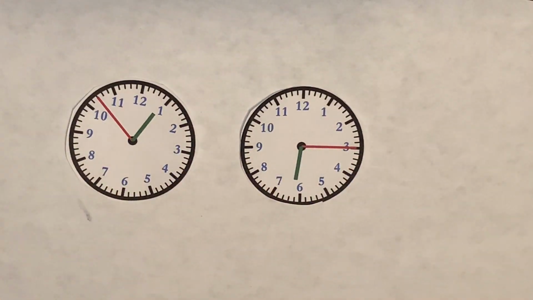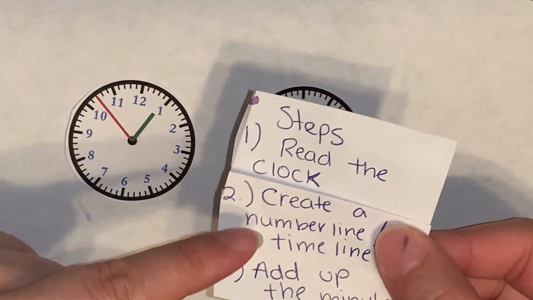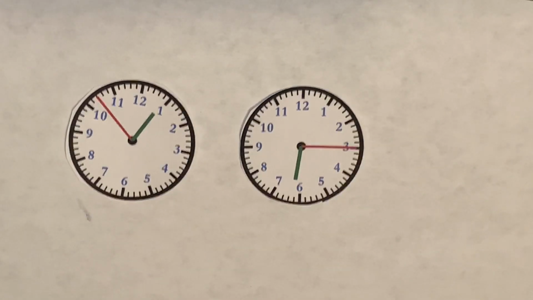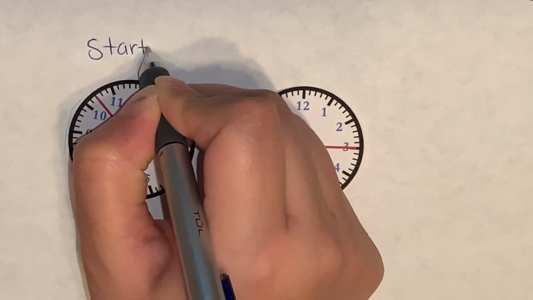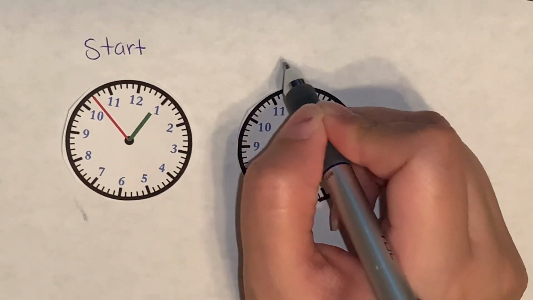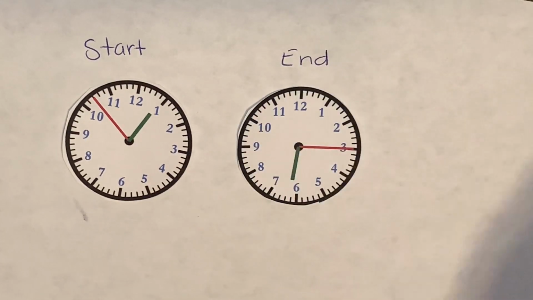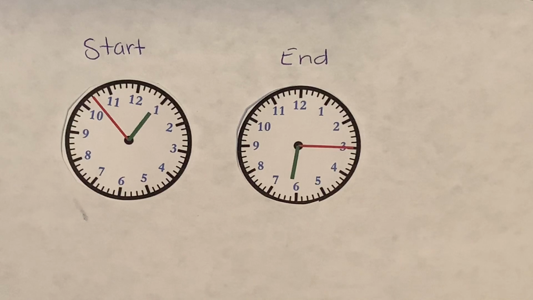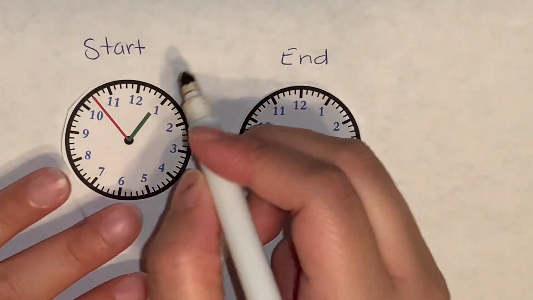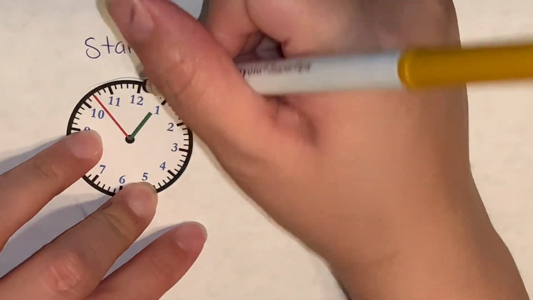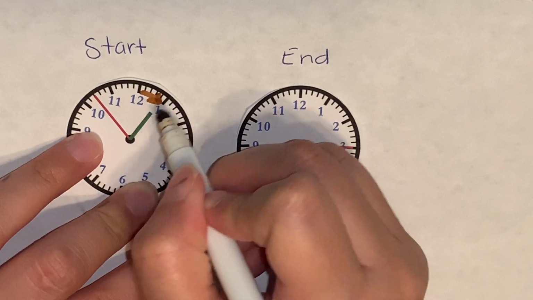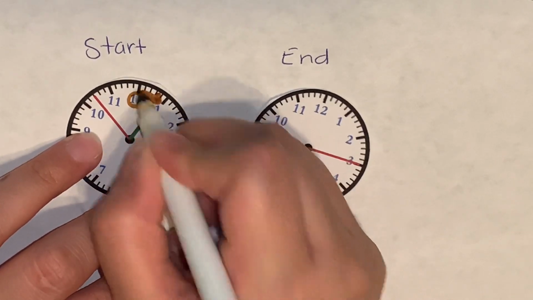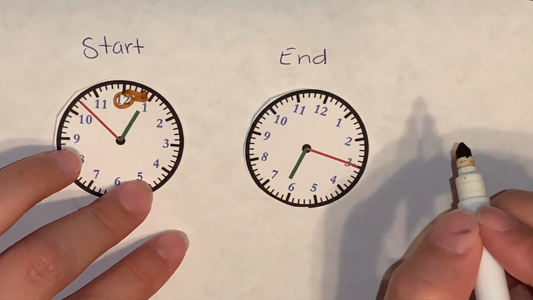Let's take a look at another example. If you recall, step 1 was to read the clocks. So this is our start time. And this is our end time. If we look at the hour hand, which is the smaller hand, it is between 12 and 1. Because it has not reached 1 yet, it is still 12 as our hours.